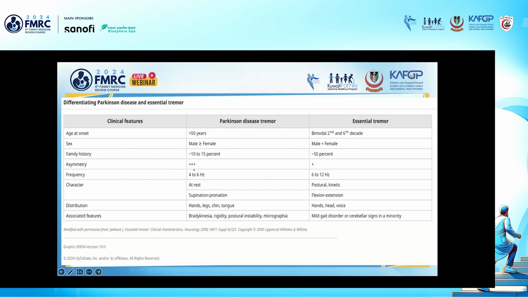Frequency of the tremor is lower in Parkinson's, and faster in essential tremor. The character here is at rest, here it's postural or kinetic. Here the hands and legs, chin and tongue; here hands, head and voice. Legs are usually not involved in essential tremor, and usually the head is not involved in Parkinson's disease. And there are also other associated features.